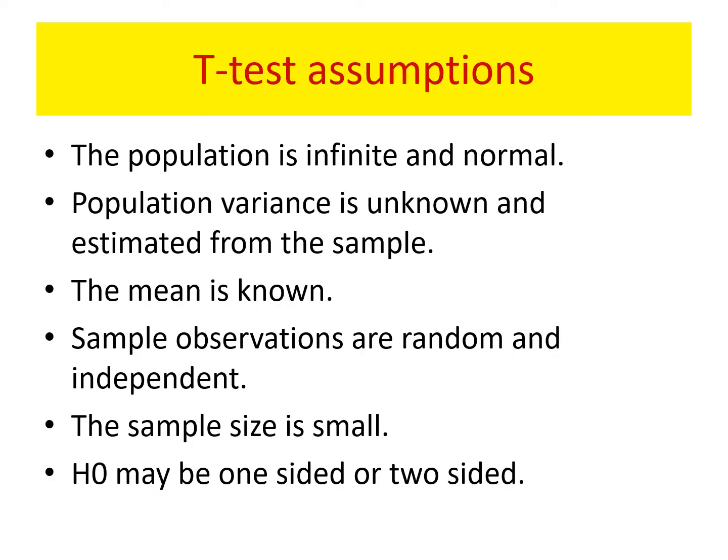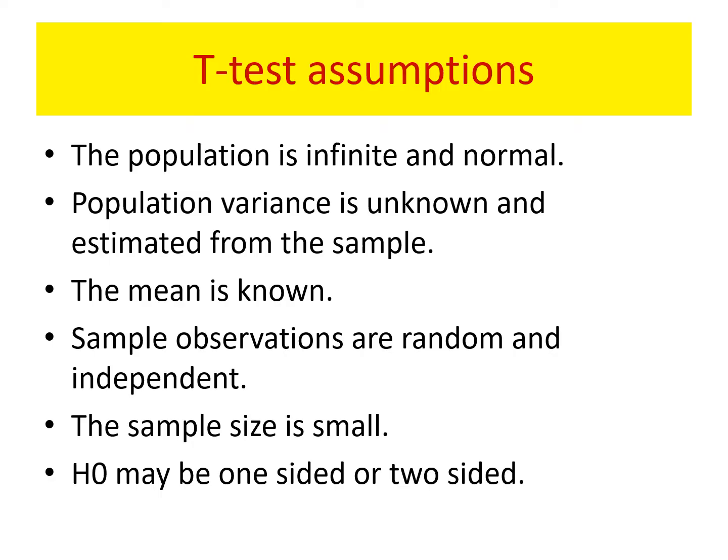All right, population variance is unknown. So your variance, or the measure of variability, is unknown, and it is estimated only from the sample drawn from the population. And the mean is known. Sample observations are random and independent.